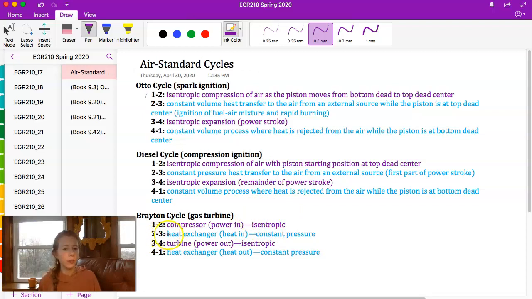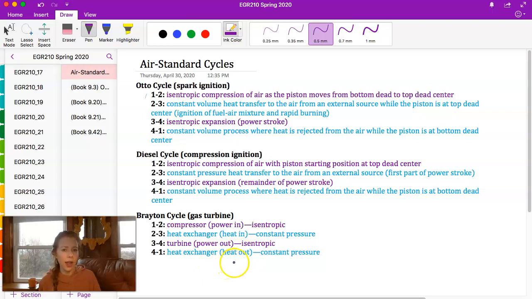For process 2 to 3, we're going through a heat exchanger where heat is going in at constant pressure. For process 3 to 4, we have a turbine where we're getting power out of our system, another isentropic process. And then finally, for 4 to 1, we're going through another heat exchanger where we get heat out.